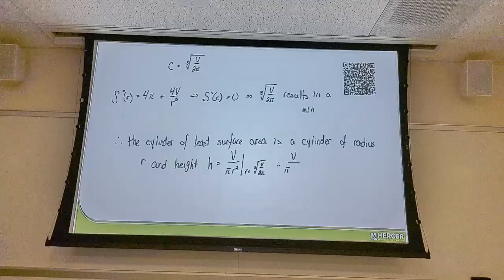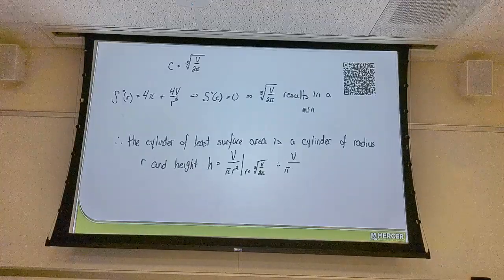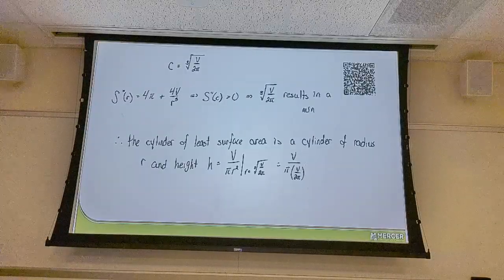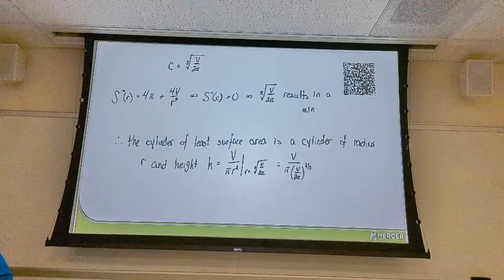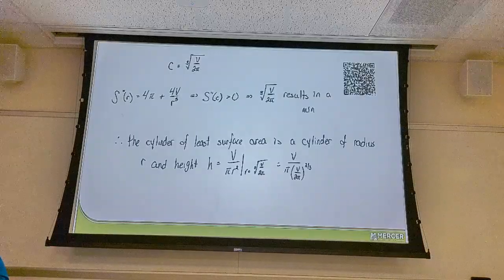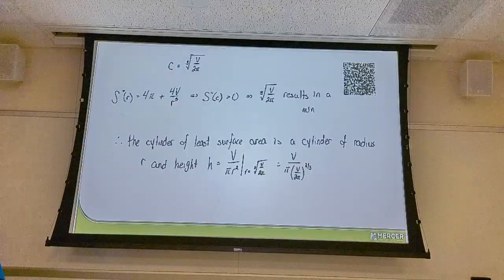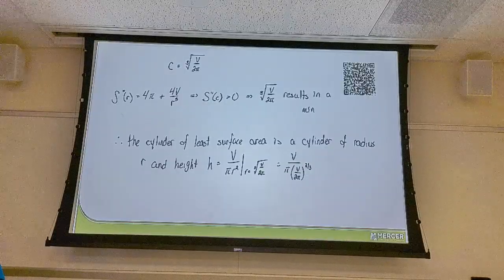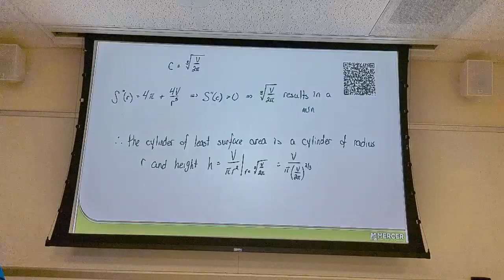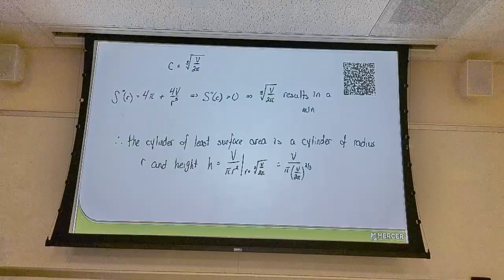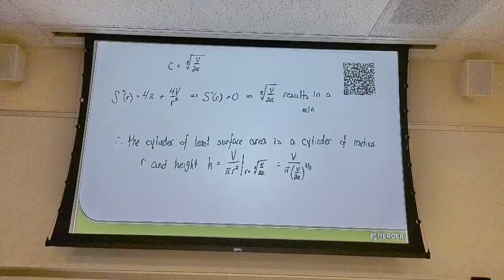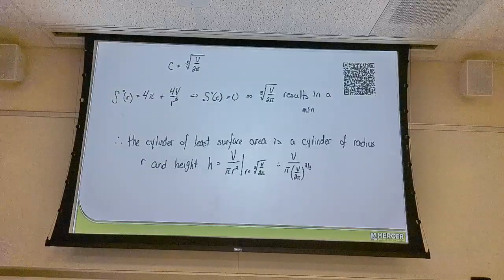Pi. Two-thirds. How does that give me 2r?